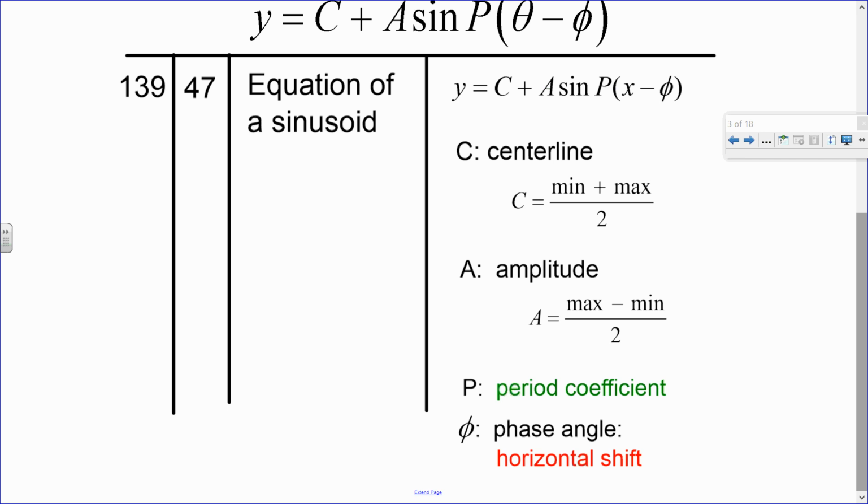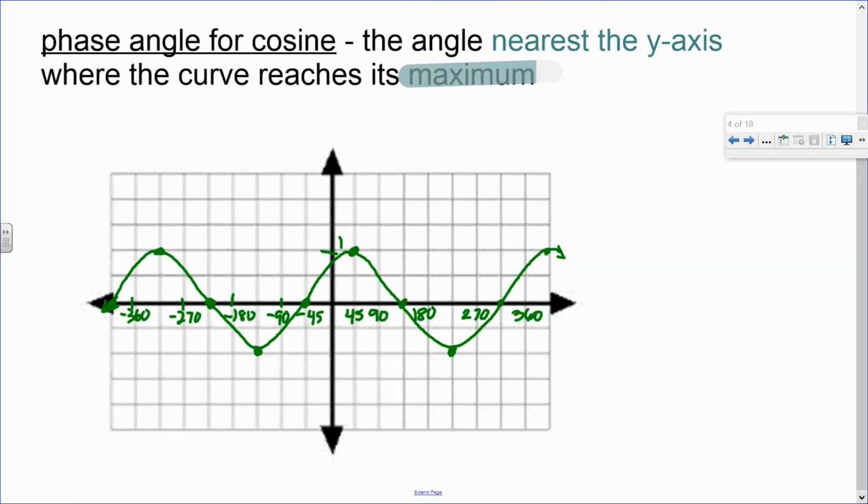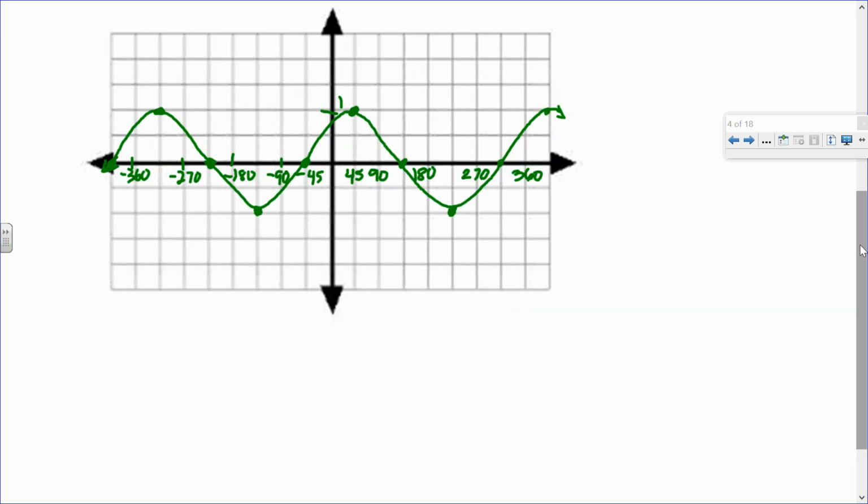So we shift left or right to some different angle. That's the reason for the terminology phase angle. It is just the horizontal shift. Don't worry about what I have up there at the top for the moment. We will come back to that in a few minutes.